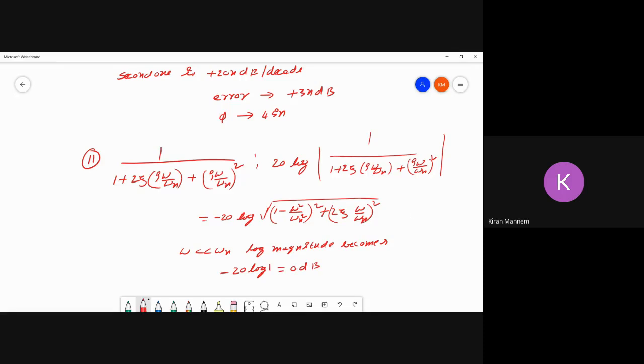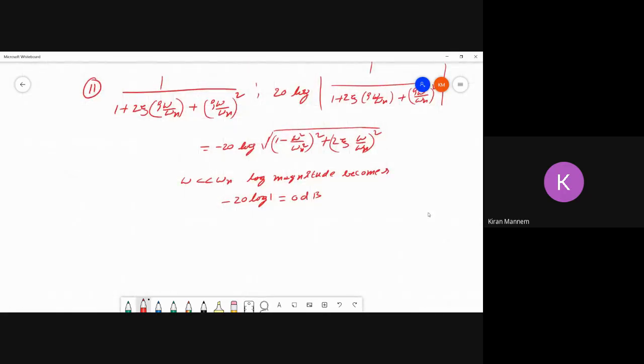For high frequencies, that is omega greater than omega n, the log magnitude is minus 20 log omega square by omega n square.